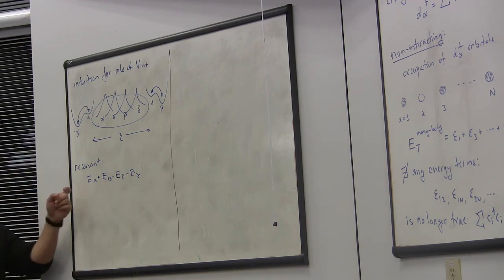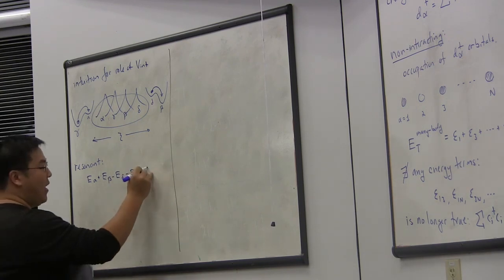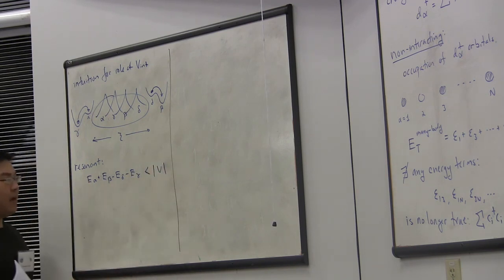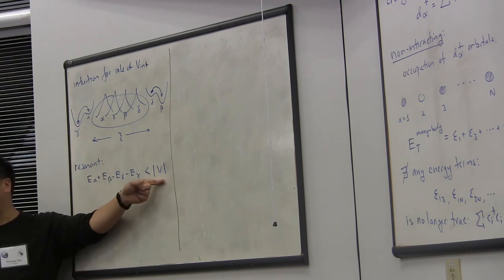E and epsilon will be synonymous. The condition that this is resonant is simply that the energy difference of this quartic process should be smaller than the matrix element associated with this interaction.